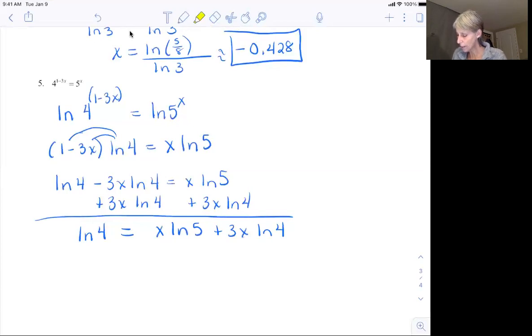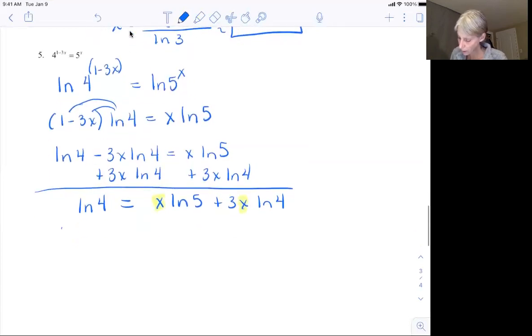But what I do have is an x in each term, so now I can factor that out. I like to have my stuff on the left side, so I'm going to take this x and factor it out.